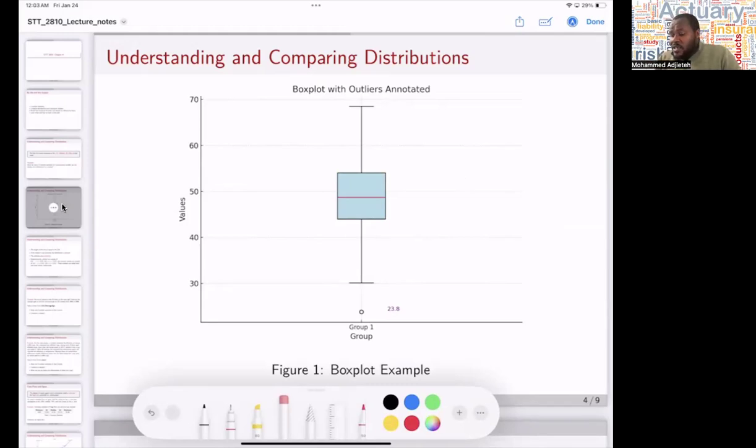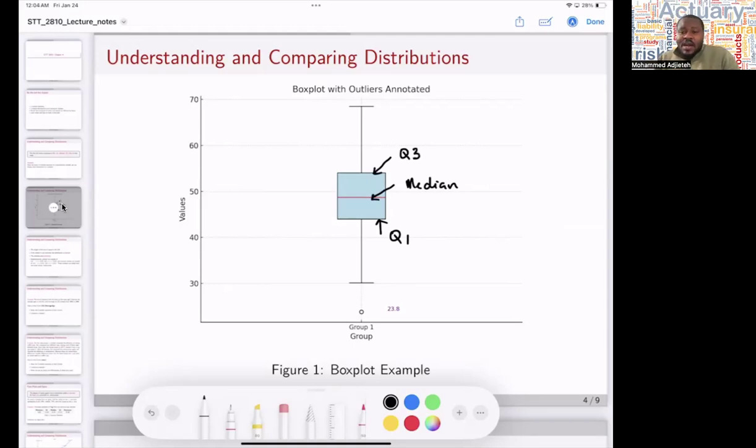So once you have your box plot, it is very good to know what information you can see on this box plot. So the first thing we are going to look at is, this thing here is Q1 or the first quartile. This line here is the median. This line here is Q3.